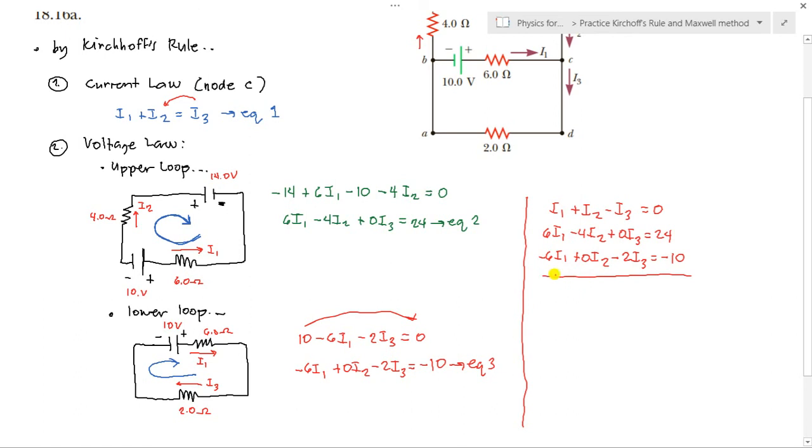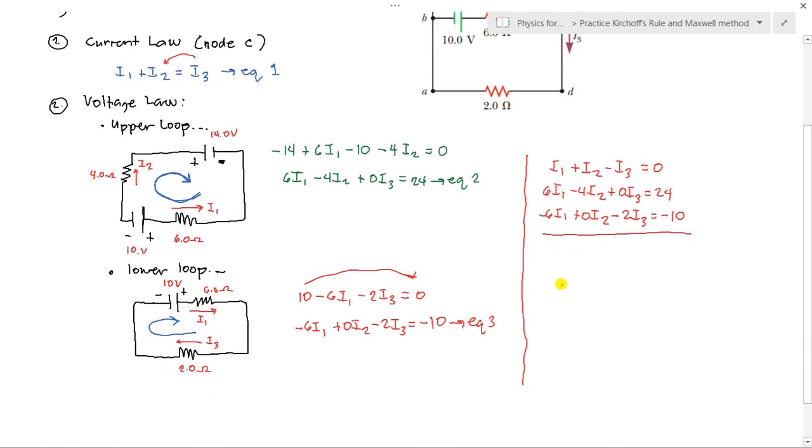So we have 3 equations here and 3 unknowns. For the meantime, I will use the calculator to make it easier. Input it in the calculator, choose the equation solver. For 3 unknowns, plug in the coefficients.